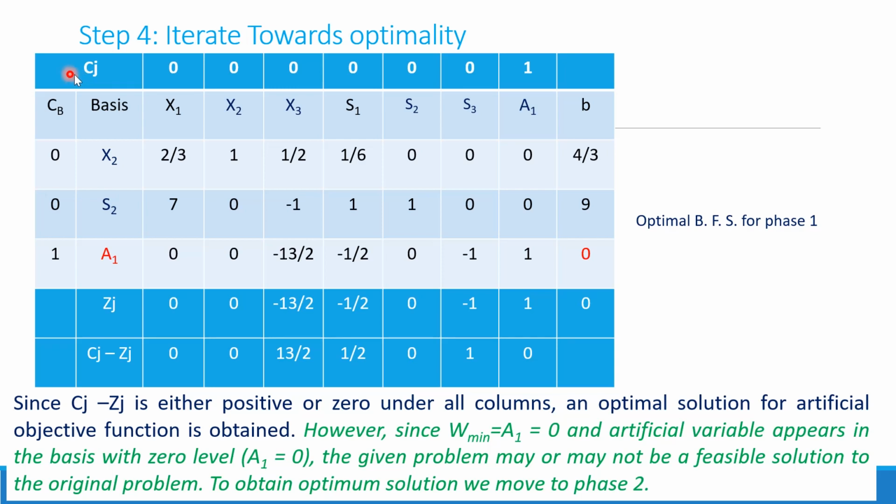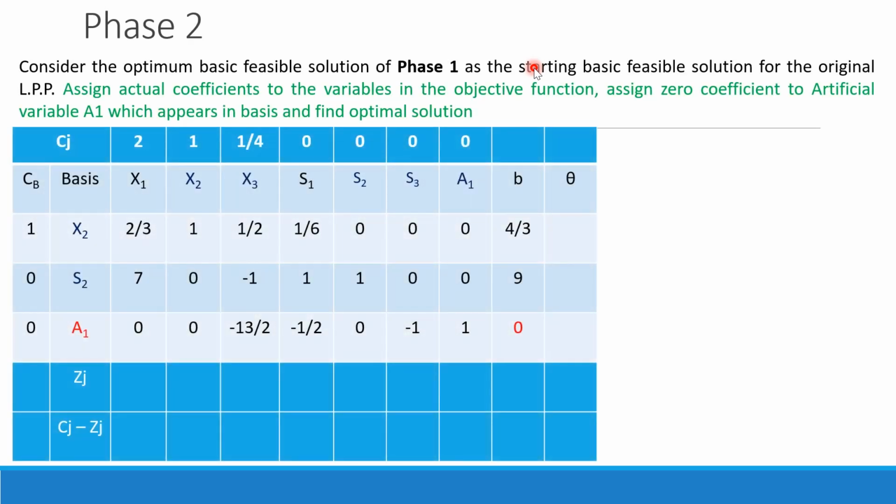Now we'll replace these values of Cj with the original coefficients of the original objective function, and A1 will be treated as 0 here. Now the next phase 2 table will look something like this.